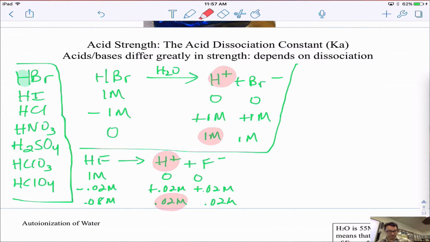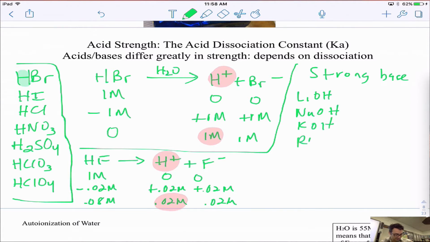Now for bases, there are also strong bases. Strong bases are all of the group 1 hydroxides and some of the group 2. Those include lithium hydroxide, sodium hydroxide, potassium hydroxide, rubidium hydroxide, cesium hydroxide.